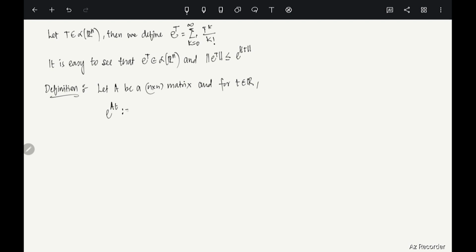This is the definition we are using. It is nothing but the summation k equals 0 to infinity of A power k t power k by k factorial. Clear? So this is what we call the exponential of a matrix.